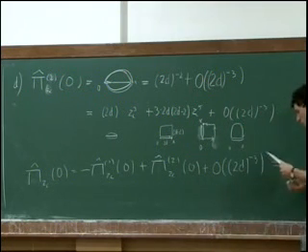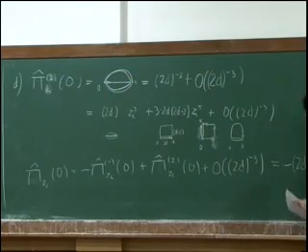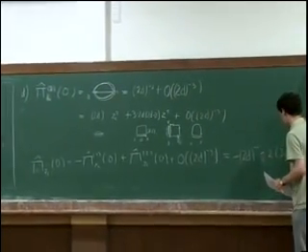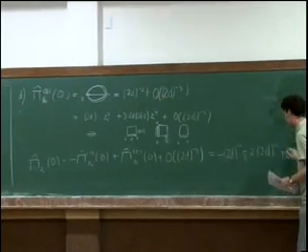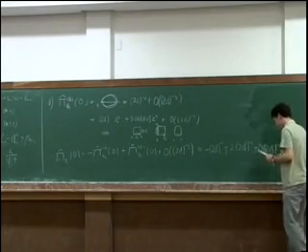That is equal to minus 2d inverse minus 2 times 2d to the minus 2 plus O of 2d to the minus 3.